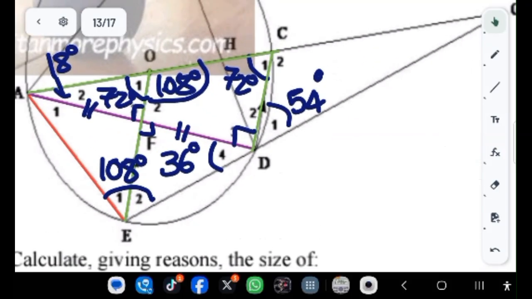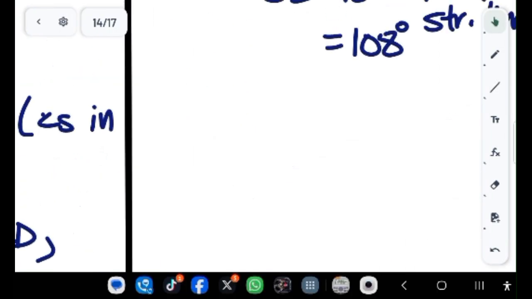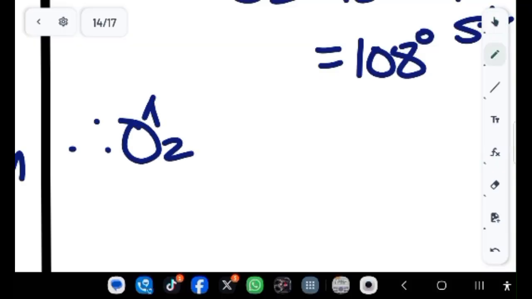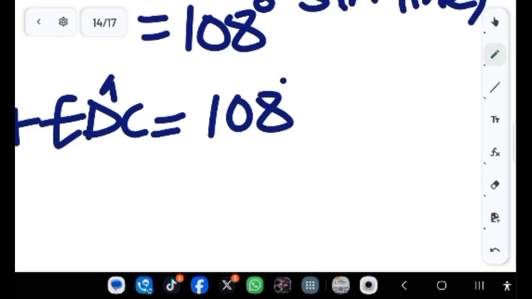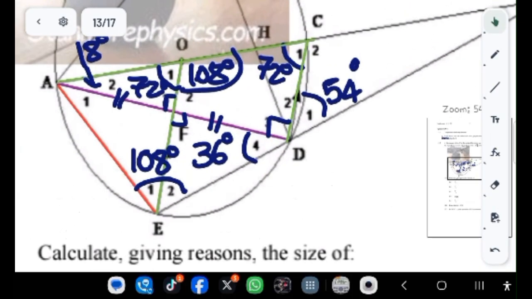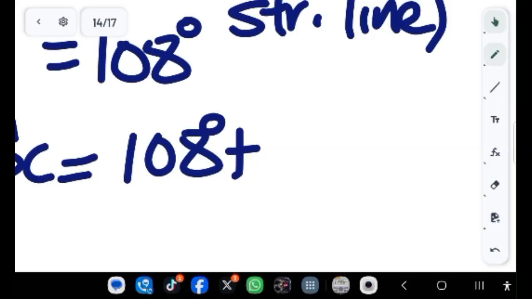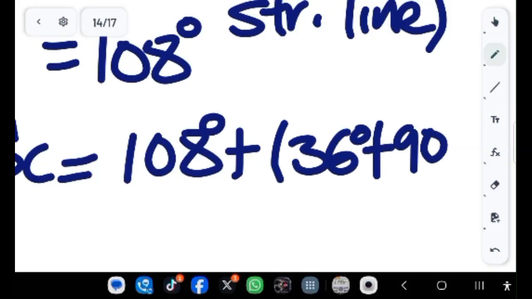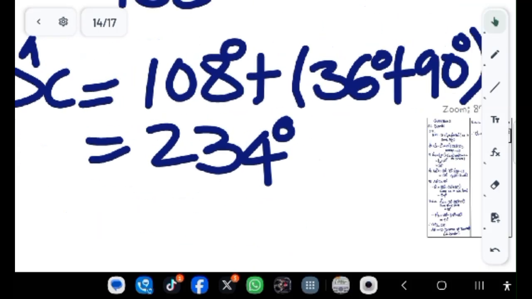Angle O2 plus angle EDC equals 108 plus 36 plus 90. That is 234. Now, is it equal to 180?